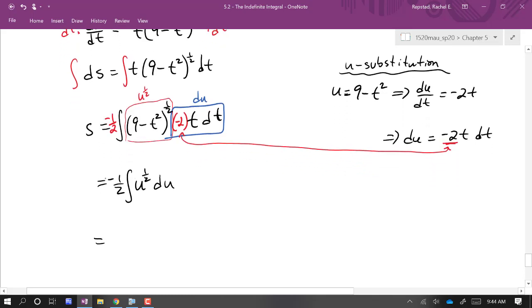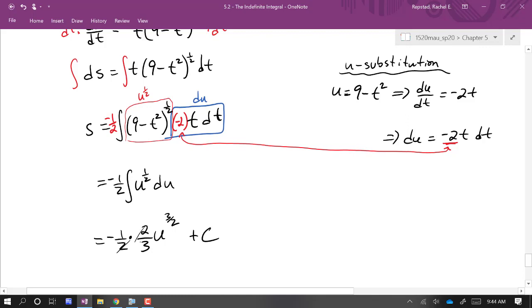Since we wrote it with u's and now it's in this simpler form, we're going to use that general power rule. So I'm bringing down the negative 1/2. Using the general power rule on u to the 1/2 gives us u to the 3/2, and then dividing by 3/2 is the same as multiplying by 2/3, and then plus a constant.